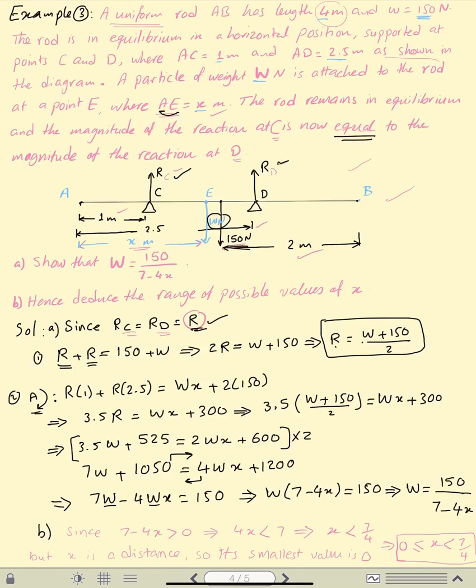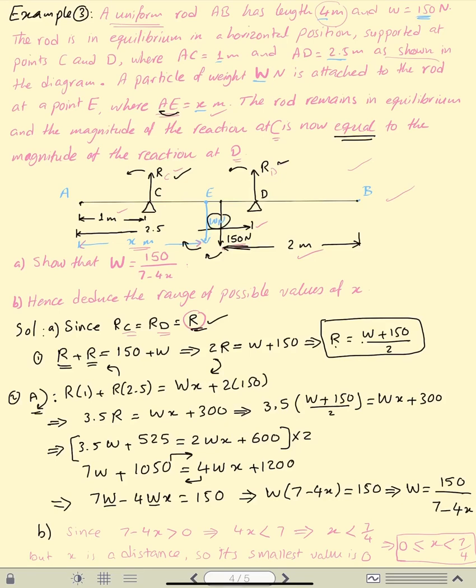This is A, so we have 1, 2, 3, 4. R is here, anti-clockwise, equals the clockwise moments.